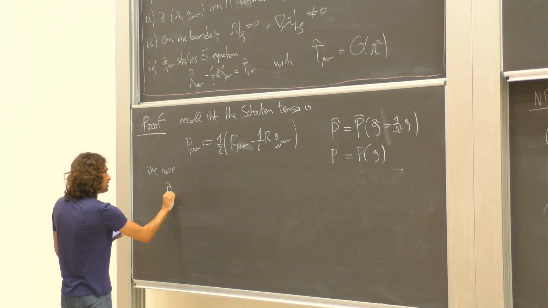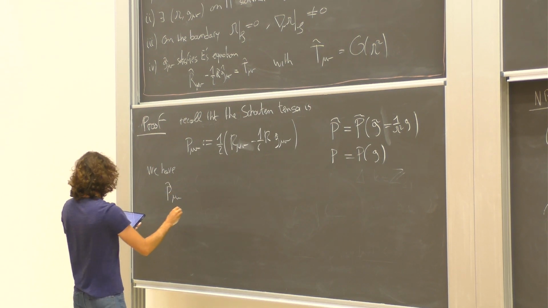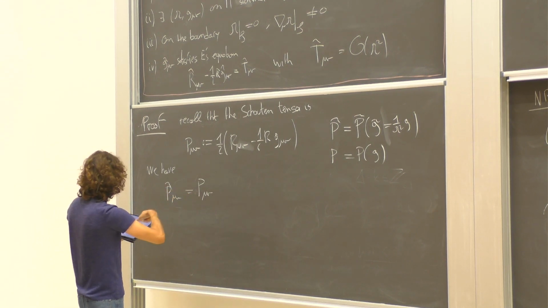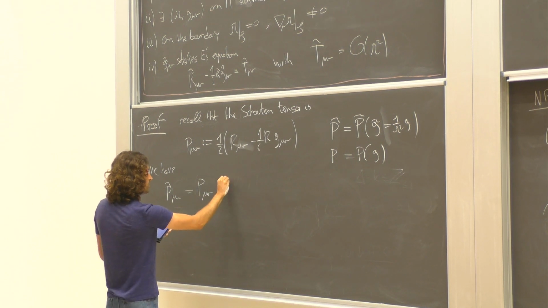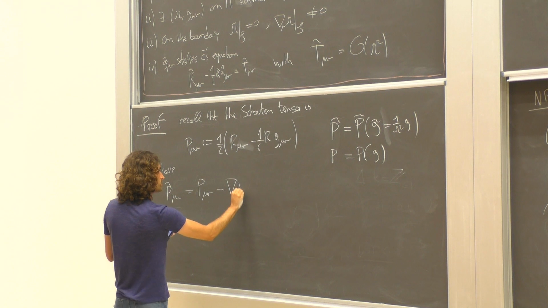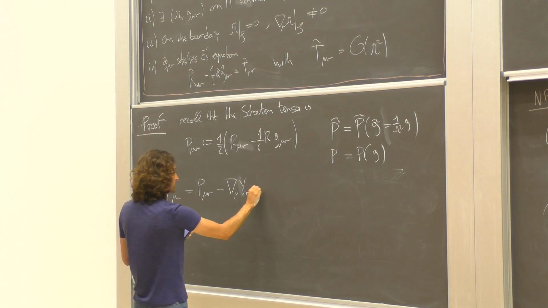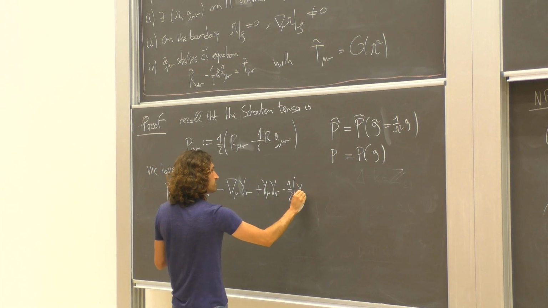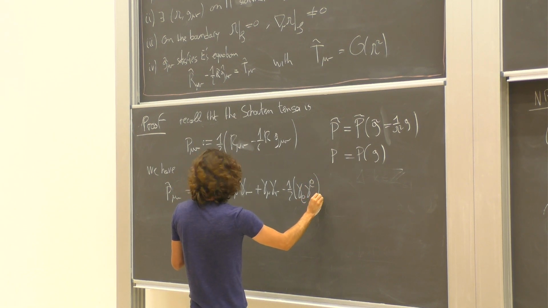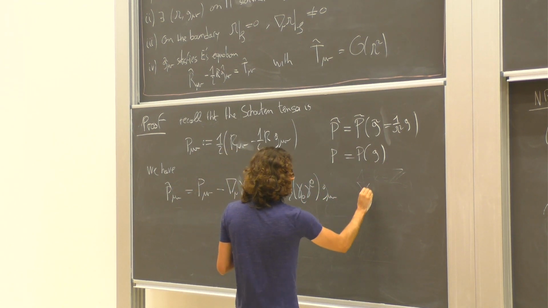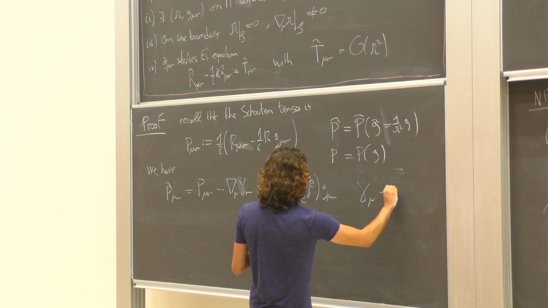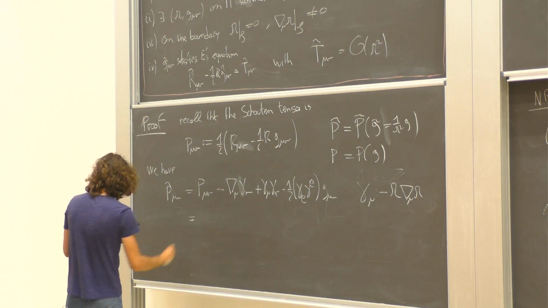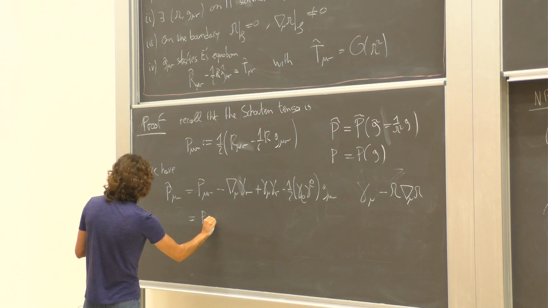So we have P tilde mu nu, the physical Schouten tensor, and I'm computing it in terms of the unphysical one, P mu nu, minus epsilon mu nu plus epsilon nu minus 1/2 epsilon rho g mu nu, where this epsilon is defined as a function of the rescaling, minus omega nabla omega. So you just go through the computation and you find more explicitly that this has this form.